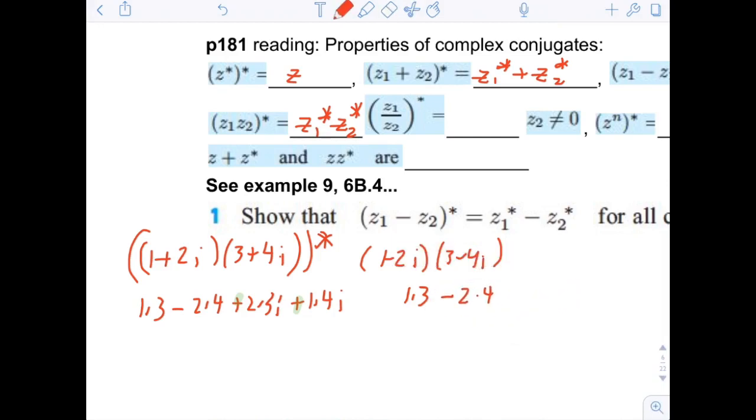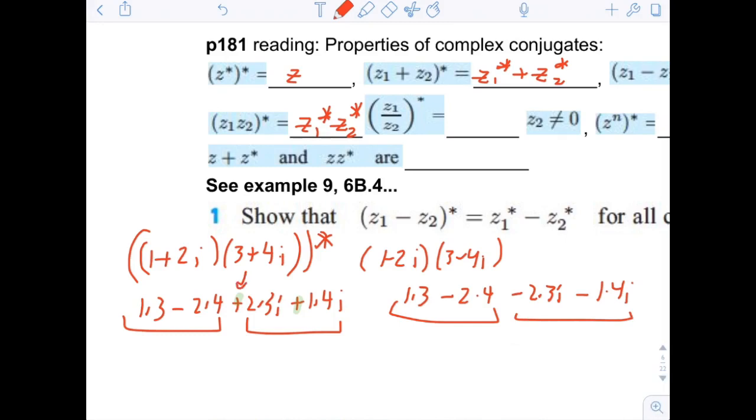And then the imaginary parts would be negative 2 times 3i and negative 1 times 4i. And if I look at this, it looks exactly the same once I take the conjugate of this. So yeah, makes sense for that to be true.